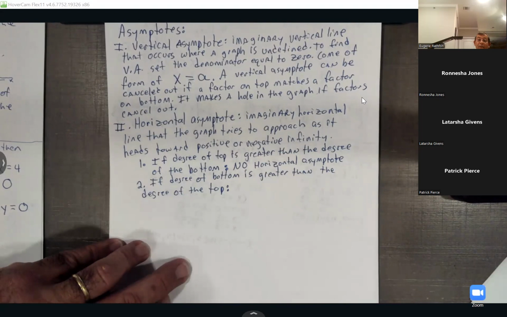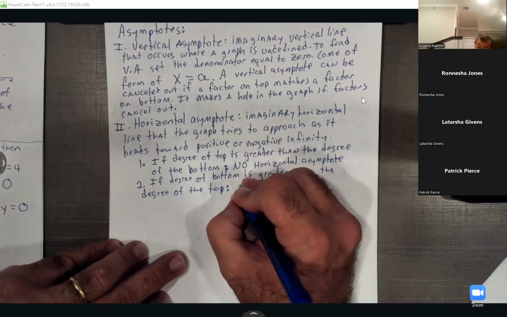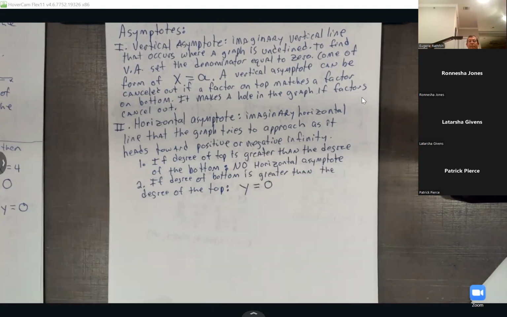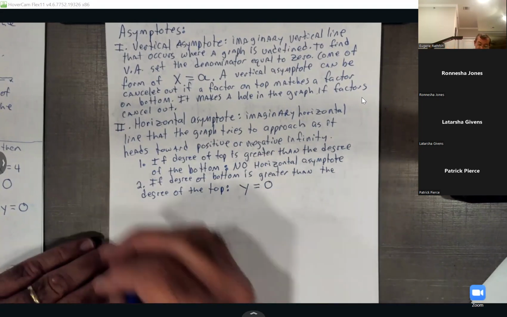If it's bottom heavy, then the asymptote will be y equals 0. The bigger a fraction gets on the bottom versus the top, if you keep dividing and the number keeps getting bigger and bigger on the bottom, it's going to head towards 0, okay?